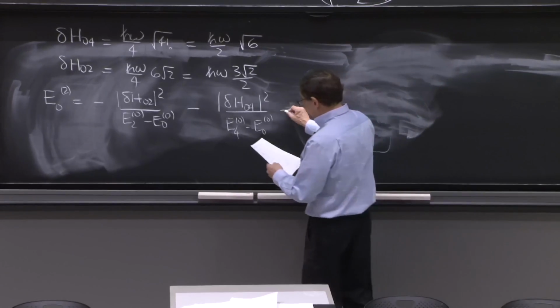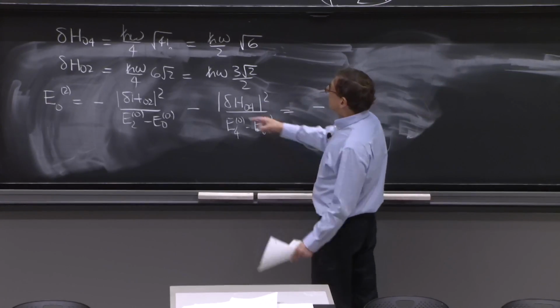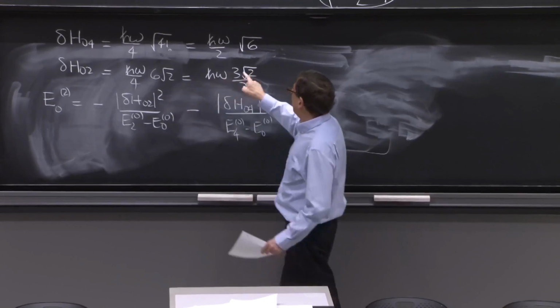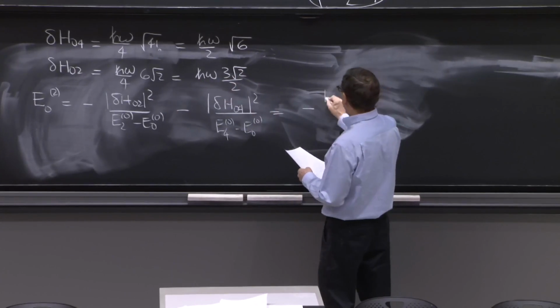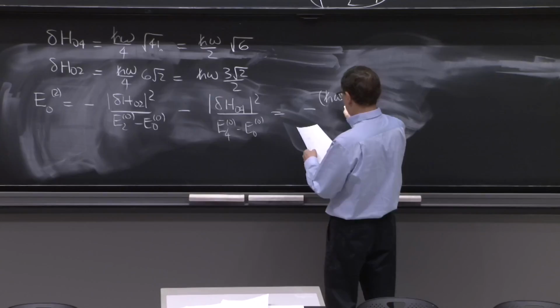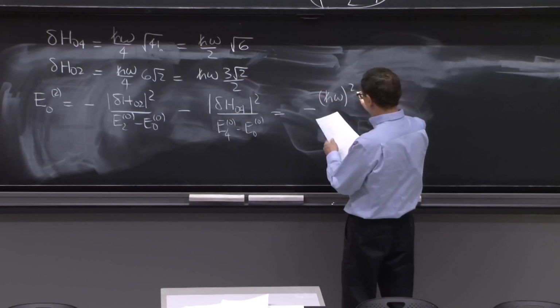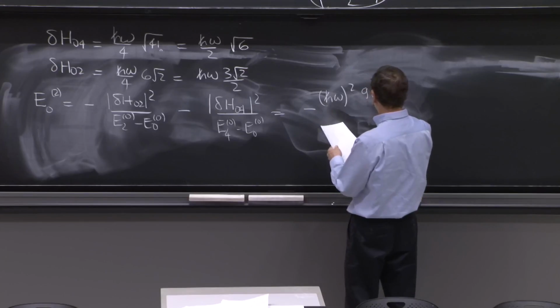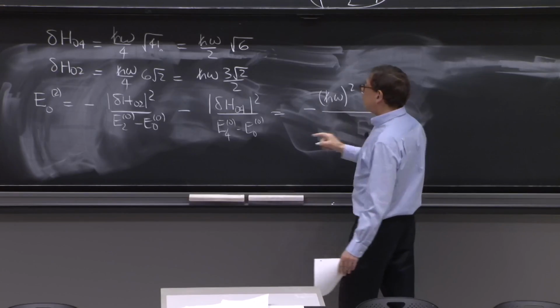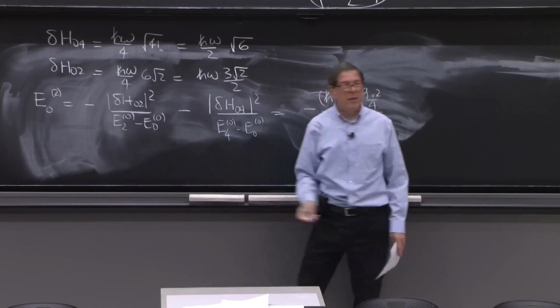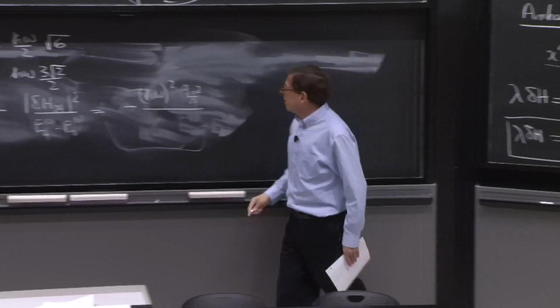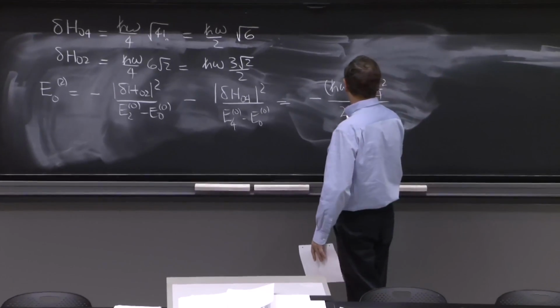So what is this? It is minus delta H02 squared, which is h bar omega squared, 9 times 2 over 4, and you divide by this difference. The difference between E2 and E0 is 2 h bar omega.